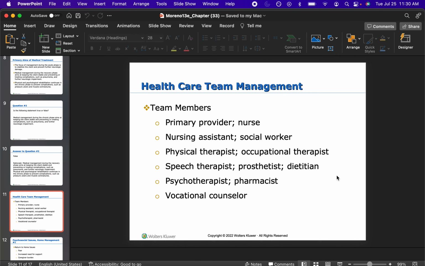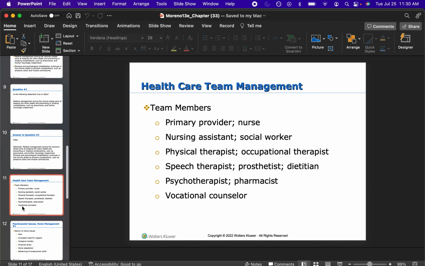So we want to make sure the dietitian and the speech therapist are working together to make sure we're giving this patient food that's appropriate for them. Psychotherapists, pharmacists, to make sure they're getting the correct dosage of drugs, and sometimes a counselor, depending on what they need at that stage.